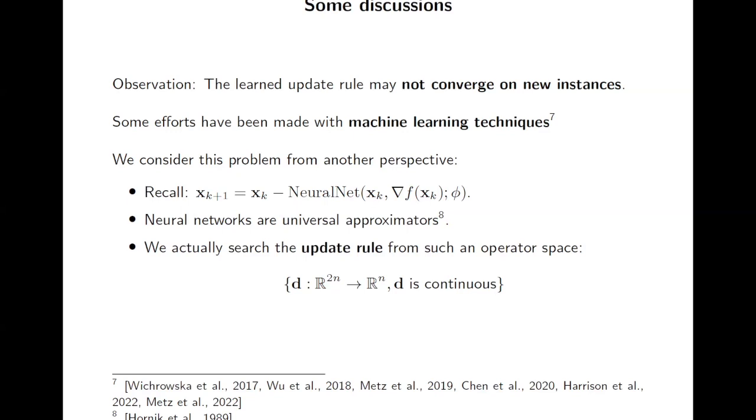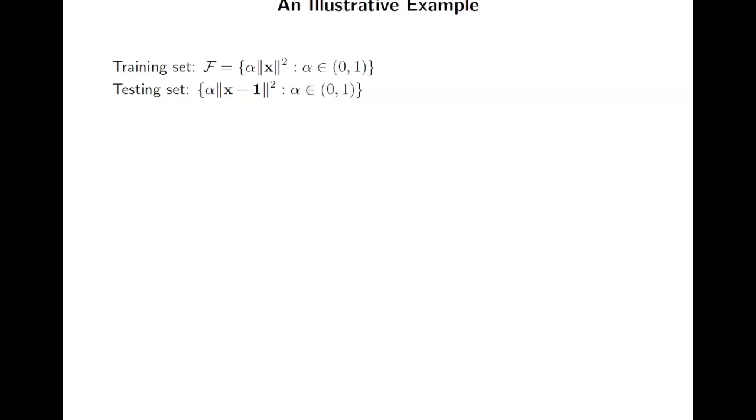So what will happen if we search over all the possible continuous operators? Let's see an example. Suppose the training set involves a type of quadratic problems, just minimizing a simple problem, and the testing set is slightly different.